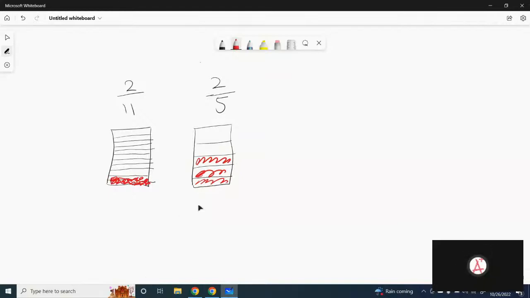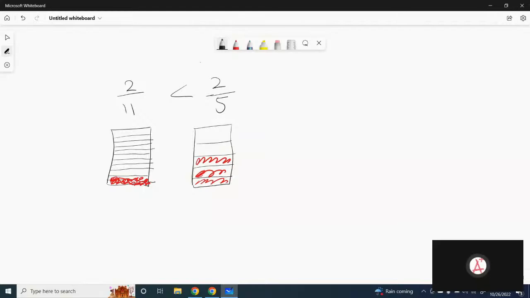Which one is smaller? 2 by 11 is smaller. Got it? So 2 by 11 is less than 2 by 5. See here only this portion is colored, but here you have colored until this. So that means 2 by 11 is less than 2 over 5. Got it?